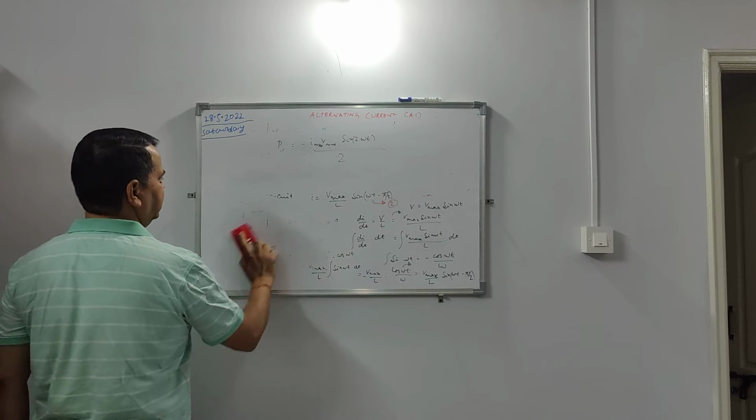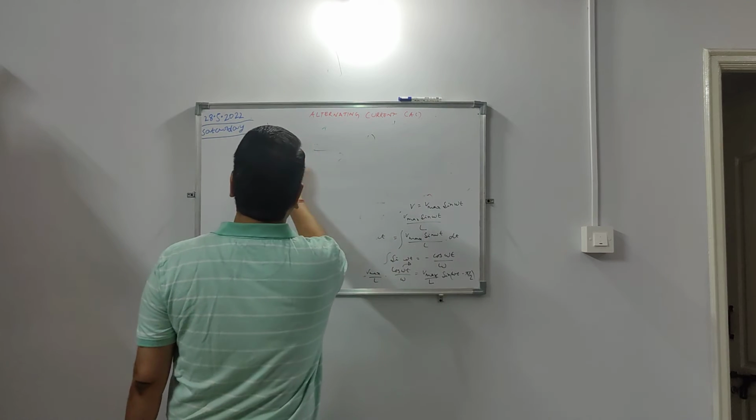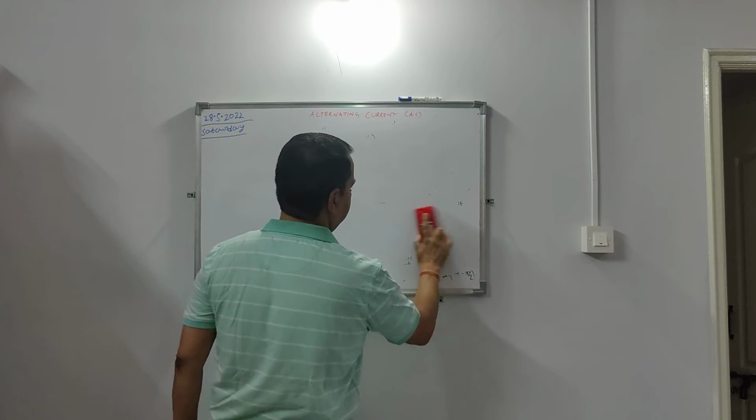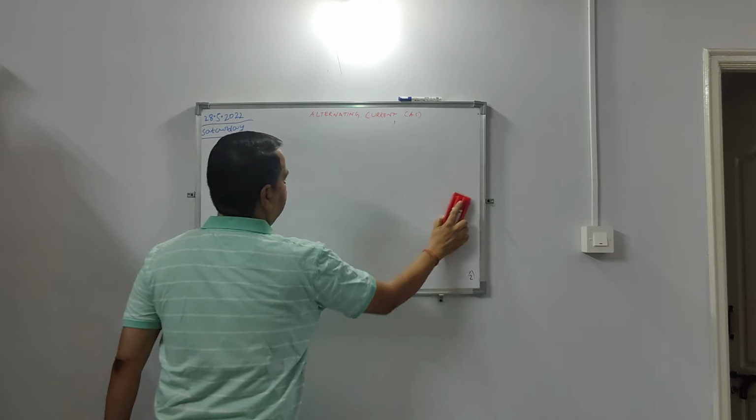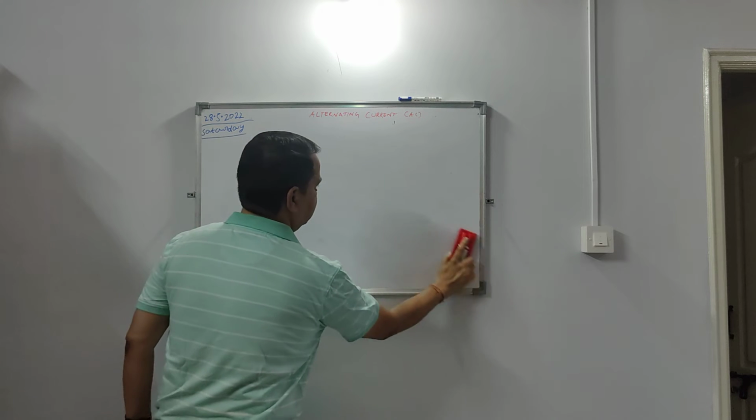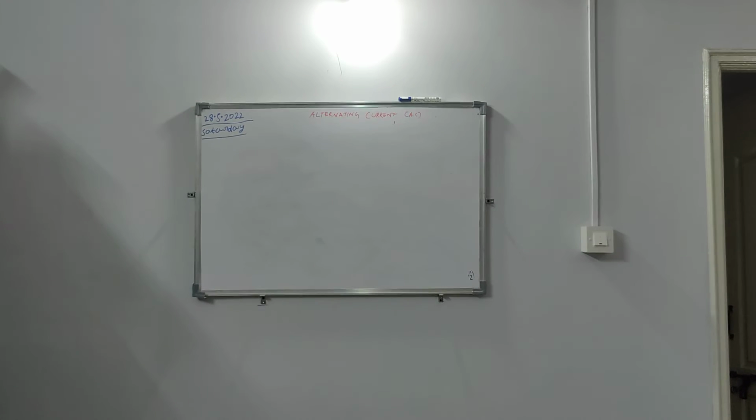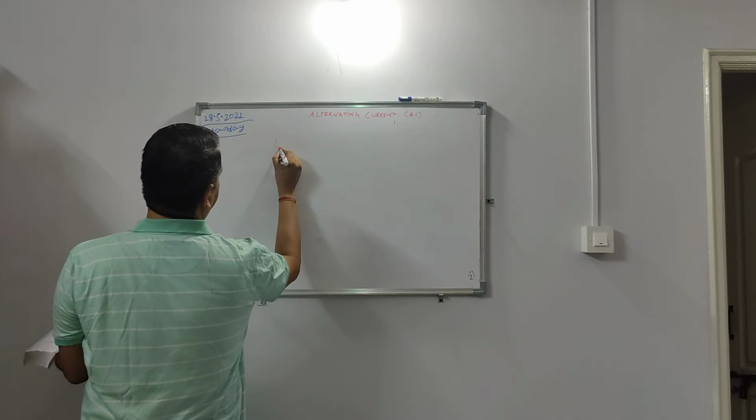Now you have remembered the formula and all, so let us do a simple numerical on an inductive circuit. What is given? A pure inductor of 25 millihenry. So its inductance is 25 millihenry.